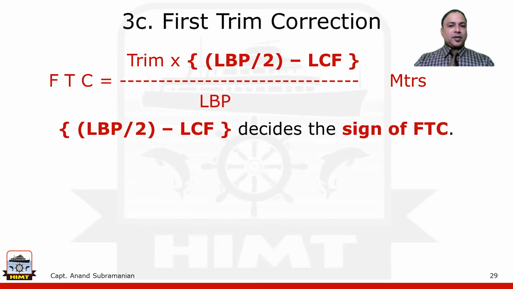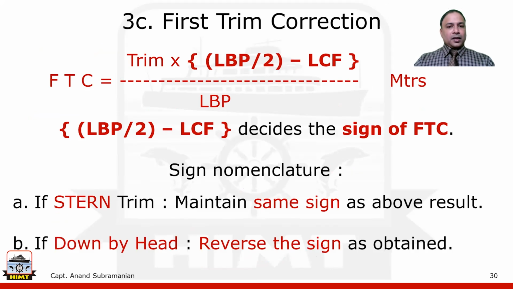So basically, the LBP by 2 minus LCF is the one which decides the sign of the first trim correction. Now, what we suggest is just retain the value as it is. Whatever answer you get, whatever sign, that can be retained in the normal conditions. In the normal conditions, we'll be having some stern trim. So maintain the same sign as the above result.